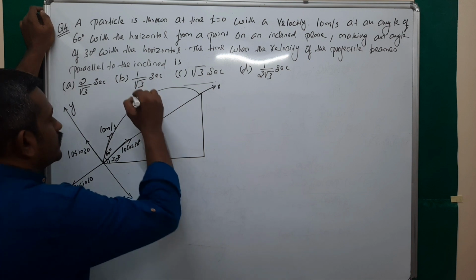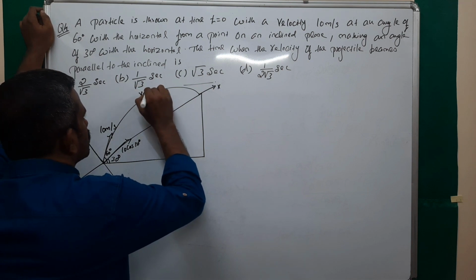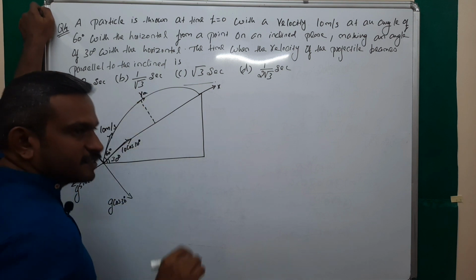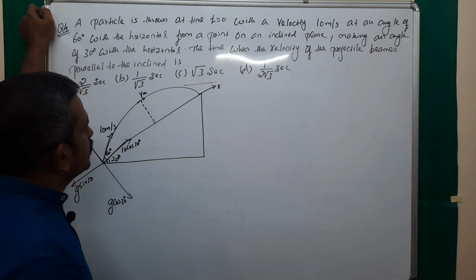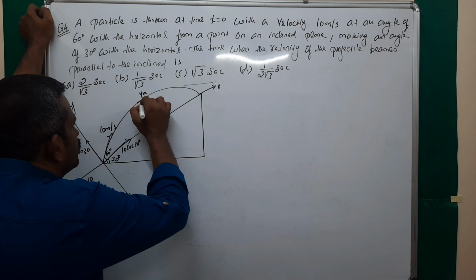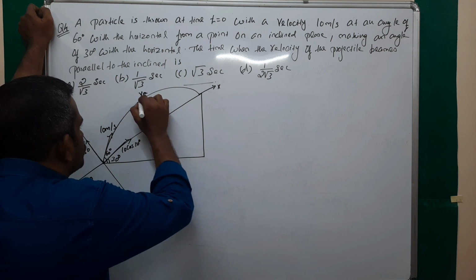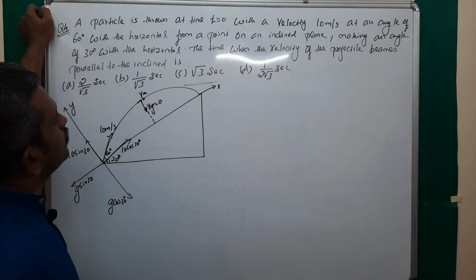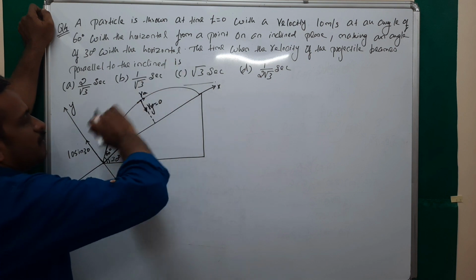So it has only the Vx vector. At all other points it has both horizontal and vertical vectors. At this point the vertical velocity Vy is equal to 0, so it has only horizontal velocity.